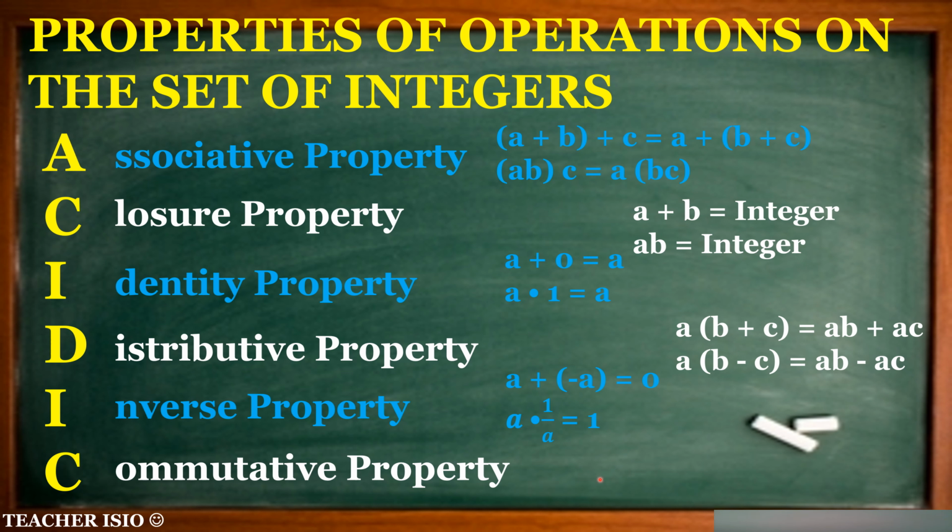So we have A plus negative A equals 0. A times 1 over A equals 1. Last, we have commutative property. So we have A plus B equals B plus A. A times B equals B times A.